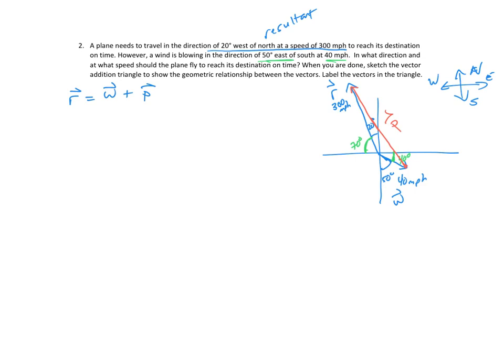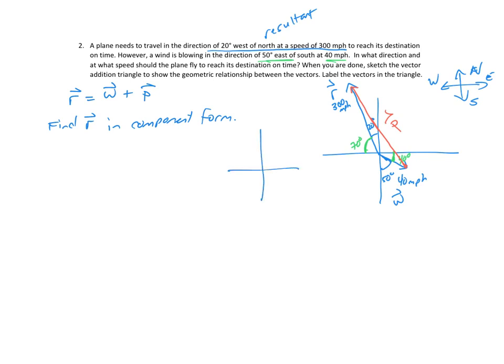And we've already sketched the vector triangle, which it says to do at the end, but I like to do it at the beginning so we can see what we're talking about. Okay, so let's try to break this down. First thing I'd like to do is find the vector R, the resultant vector, in component form. And we're given that information in polar form.